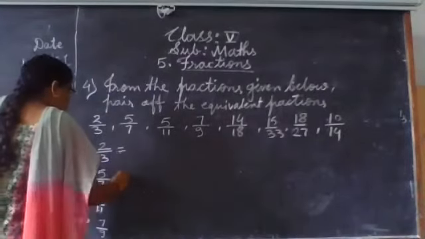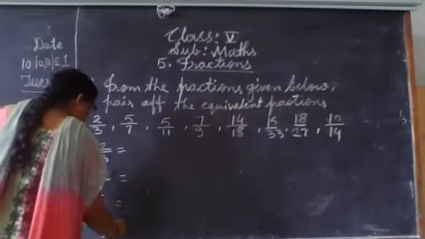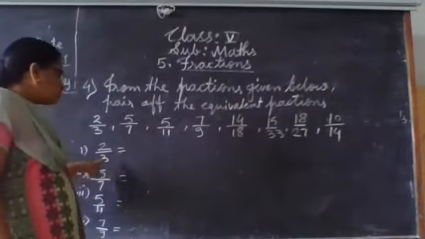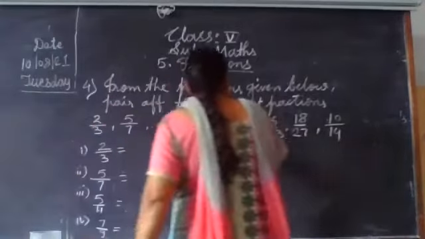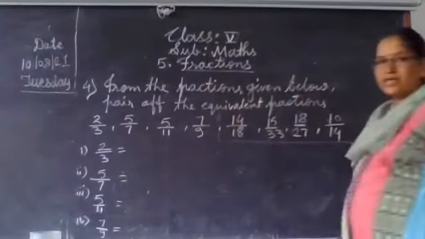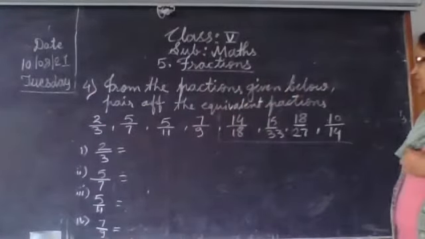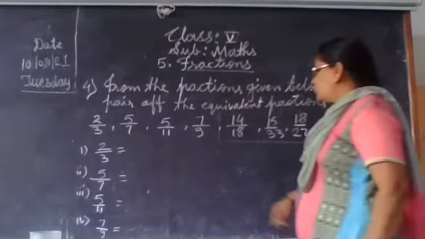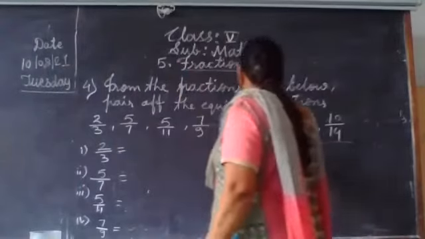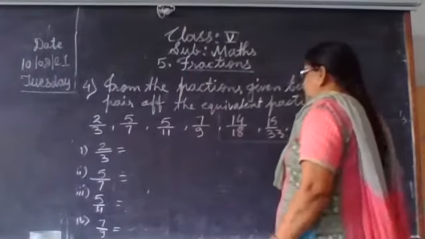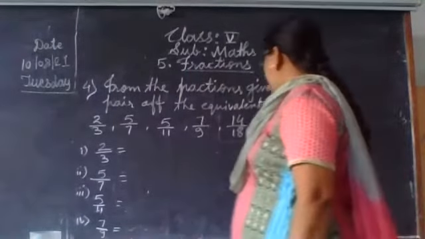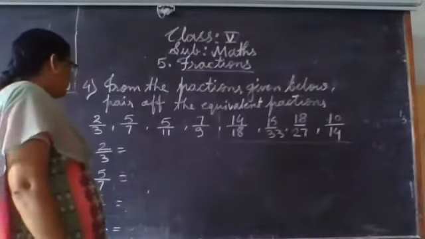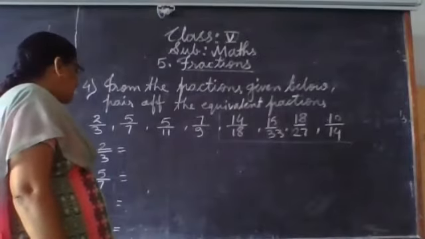So you have to choose the pair for 2 upon 3 from the rest of the fractions. By what number should you multiply 2 upon 3 so that one of them is the answer?